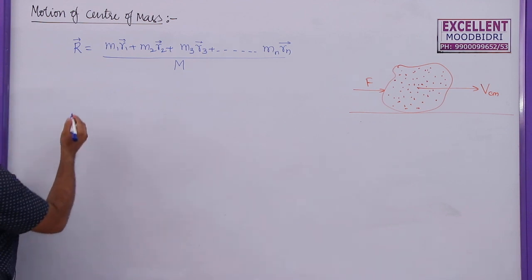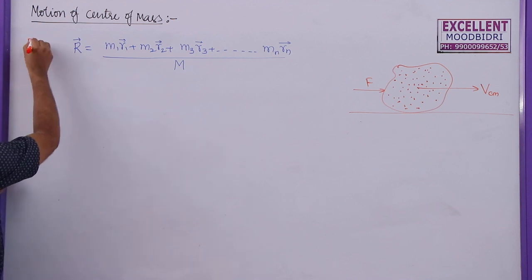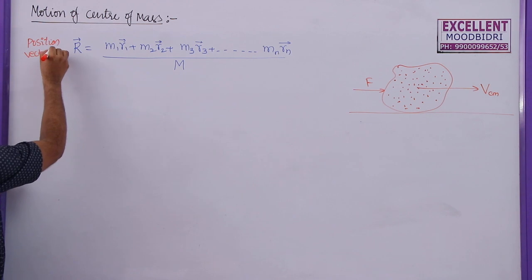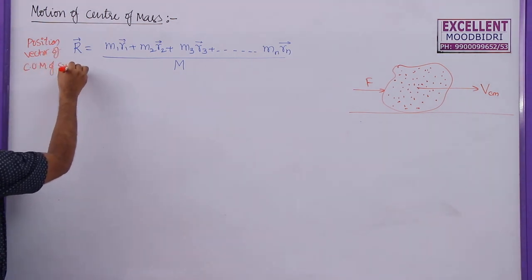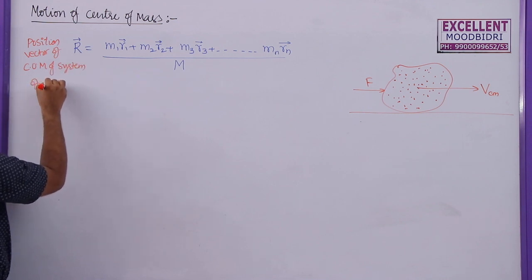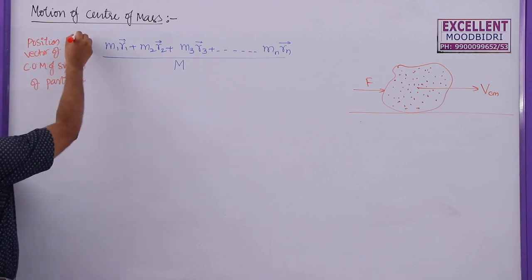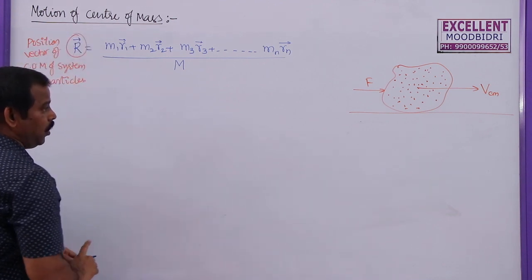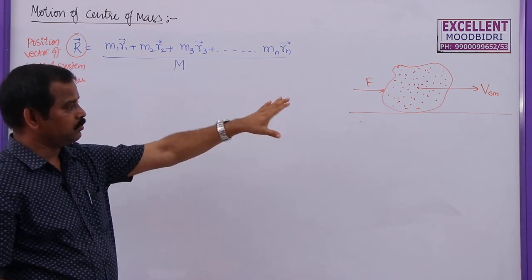This equation gives the position vector of the center of mass of the system of particles, R bar. Now, how to describe the motion of this body as a whole in terms of the center of mass?